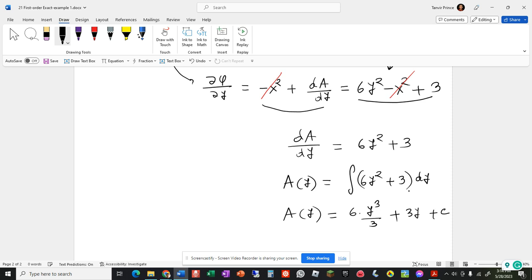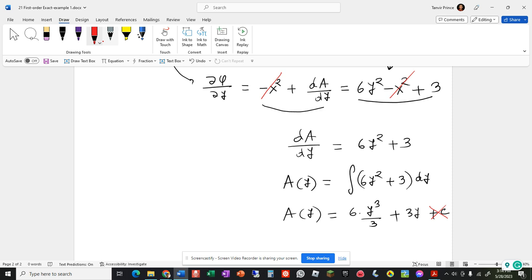C is the constant of integration, but I'm not going to add any c, because remember the solution of the differential equation is phi equal to c. So I can move all the c on one side and then just call it a c. So instead of adding a c here, I'm going to write equal to c at the end when I write the solution of this differential equation.